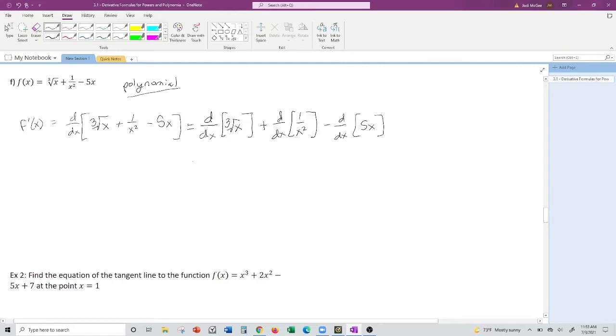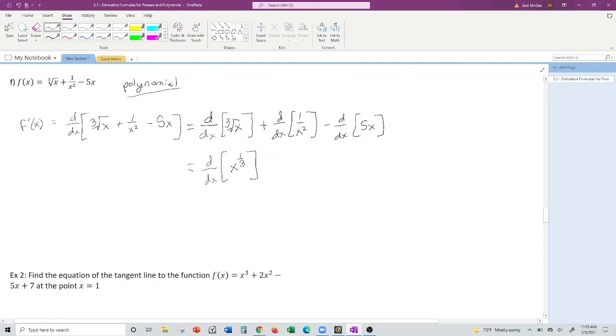Alright, so now it's in bite-sized pieces. We can handle this a little bit easier. How can we rewrite the cubed root of x so that we can use the only rule we know, which is the power rule? Well, we said that the square root of x was the same thing as x to the 1/2. So the cubed root of x is the same thing as x to the 1/3.